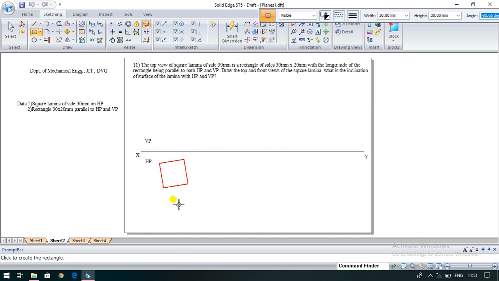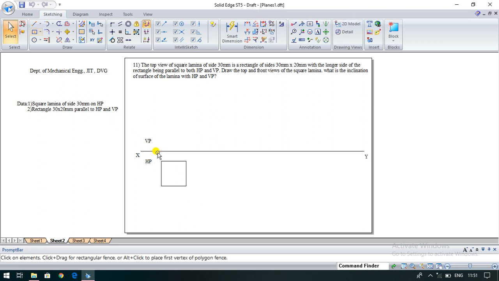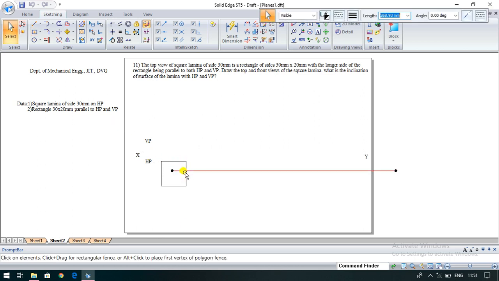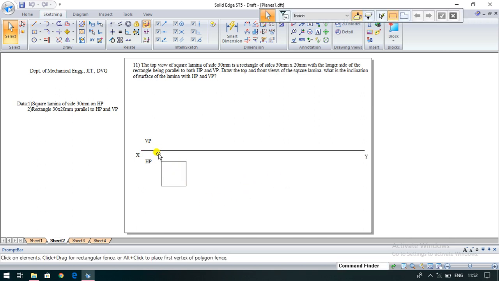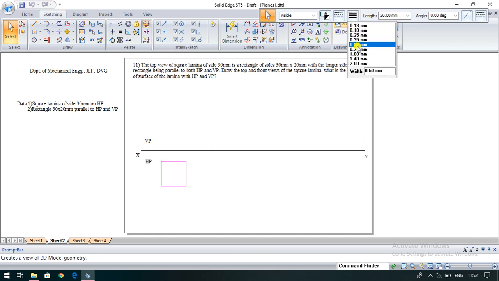The angle should be 0 or 90 degrees, whatever it may be, but the thickness of the plane should be 0.5.